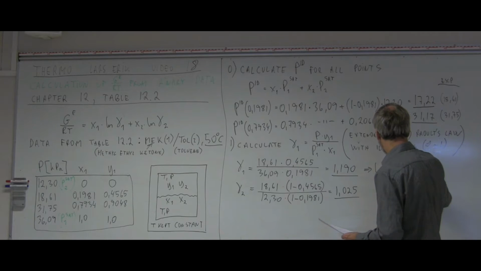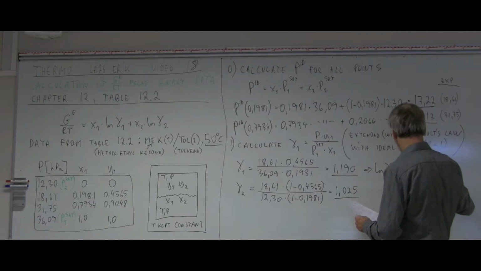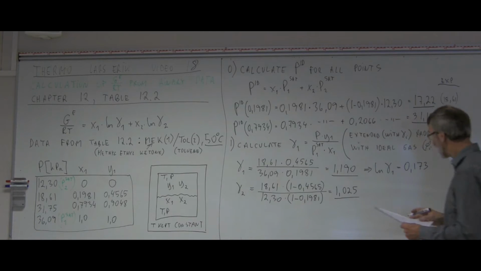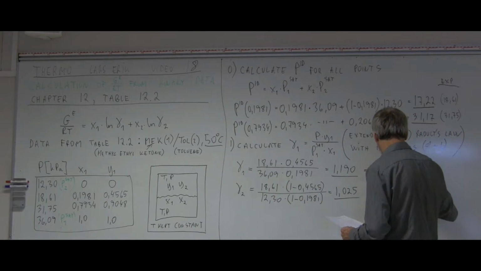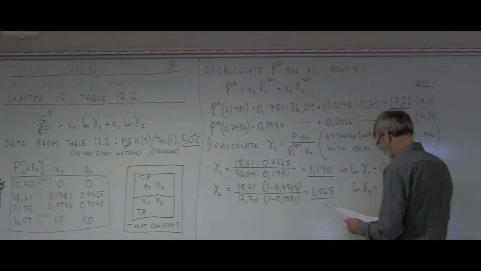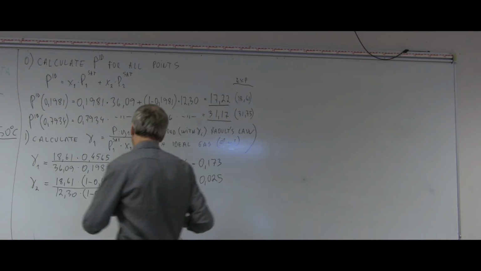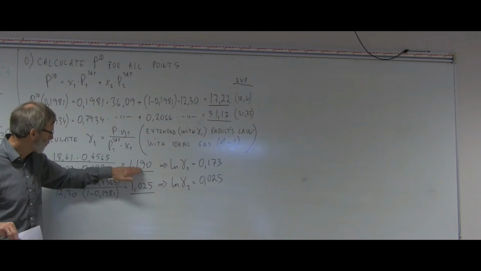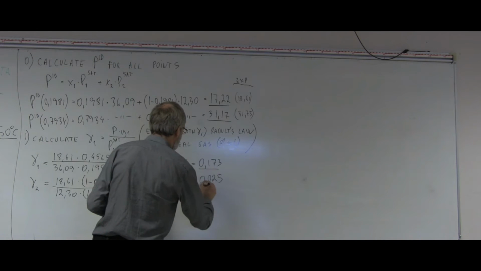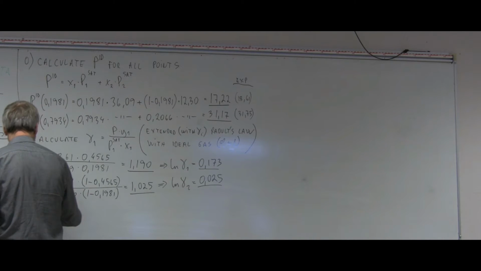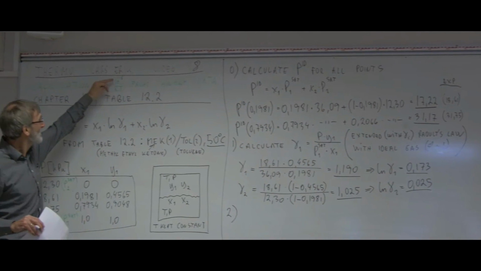And then we can also calculate the logarithms of the activity coefficients. If this was to be ideal, this should be 1 and this should be 0. And then the task was actually to calculate the G excess over RT.